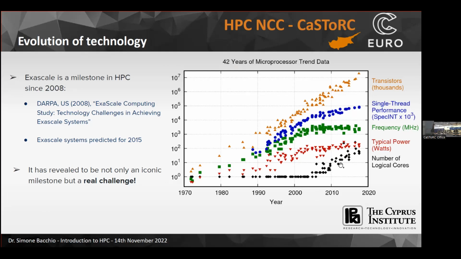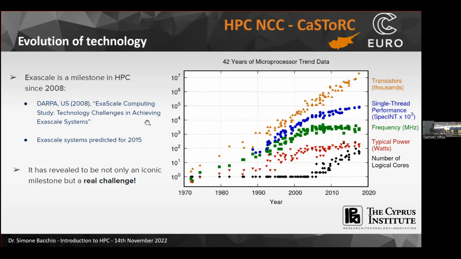Since then, increasing the frequency couldn't happen anymore, and therefore one started increasing the number of cores. So how many things you can do in parallel, and nowadays parallelism is very important.